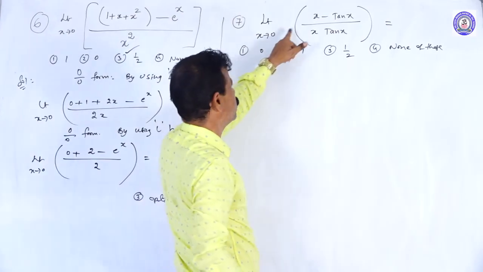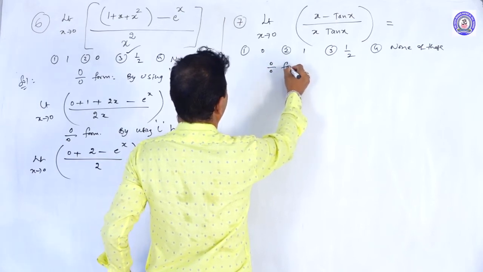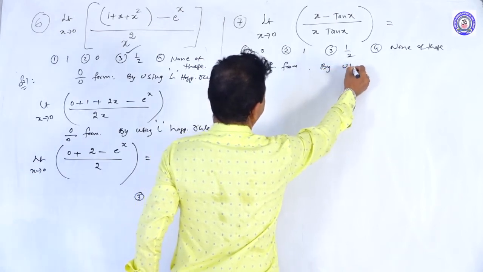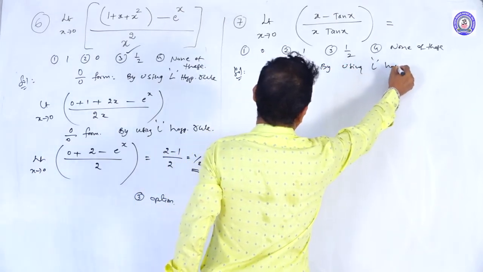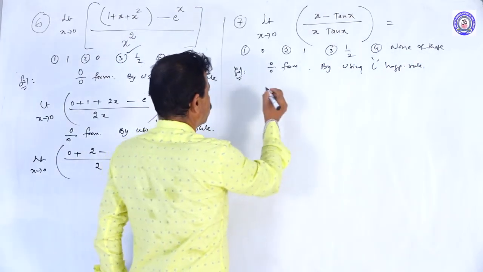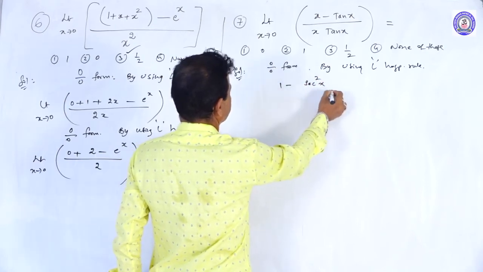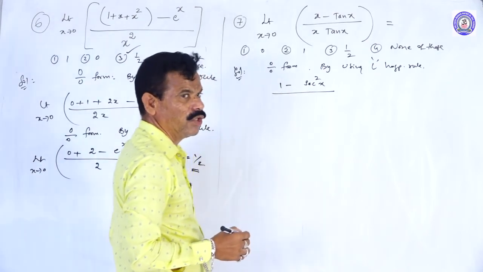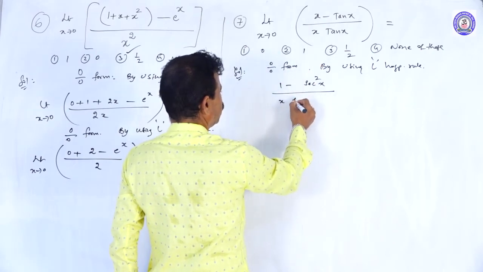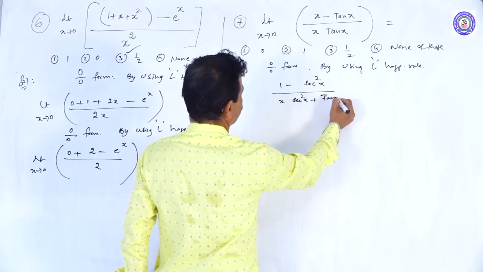Here also x tends to 0, apply, 0 by 0 form. It is 0 by 0 form. By using L'Hospital rule, shortcut methods. So derivative of x is 1 minus tan x derivative secant square x, by x tan x. Here UV method, UV dash plus VU dash. x into tan x derivative secant square x plus tan x into x derivative 1.